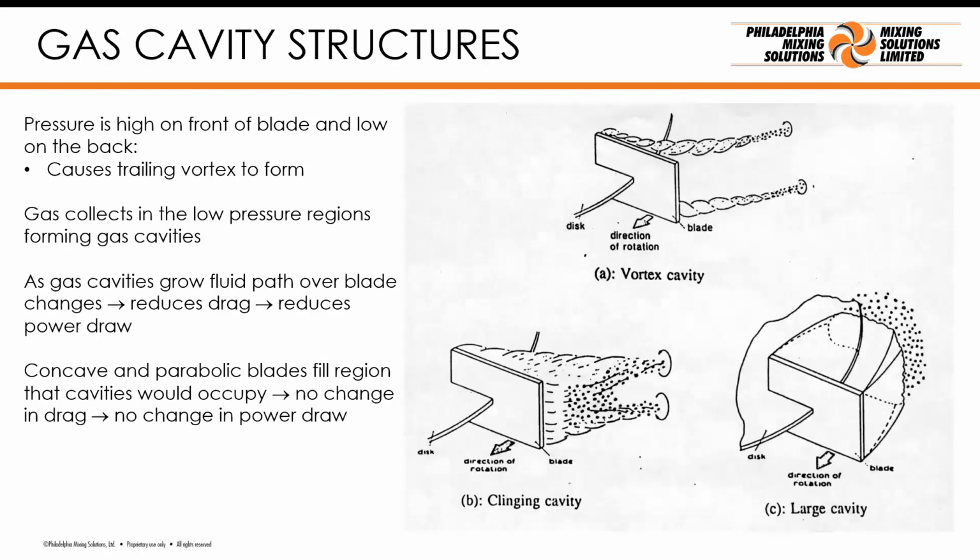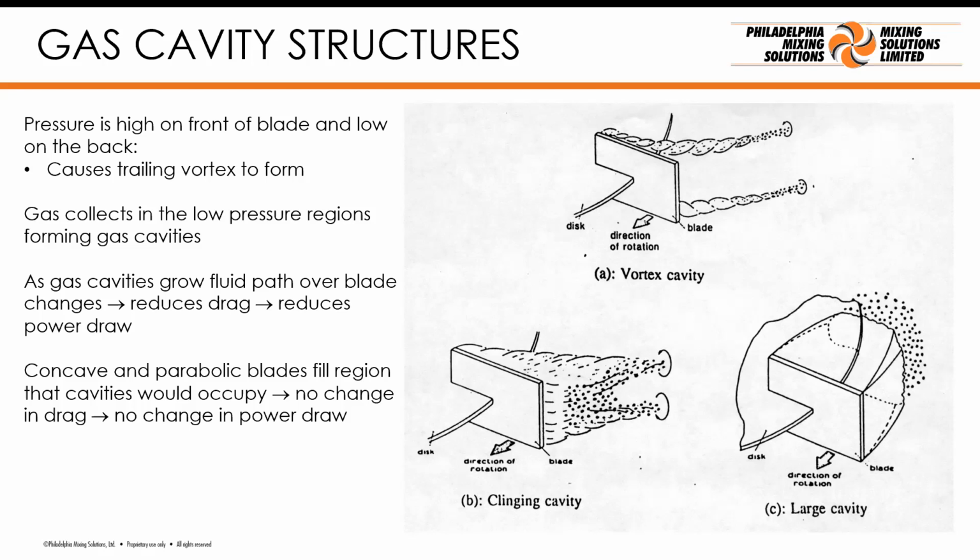We've got a high pressure zone on the front of the blade and a low pressure zone on the back of the blade, and the bubbles want to collect in the low pressure zone. As the flow hits the front of the blade, the gas cavity that forms on the back of the blade smooths the path that the liquid has to take to flow over the blade, and it reduces the drag.